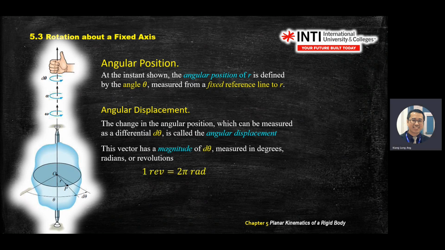Then you need to recall the relationship between radian and angle. In mathematics, previously you learned small changes of angle, the circumference of the circle and the radius. You relate S equal to R theta.